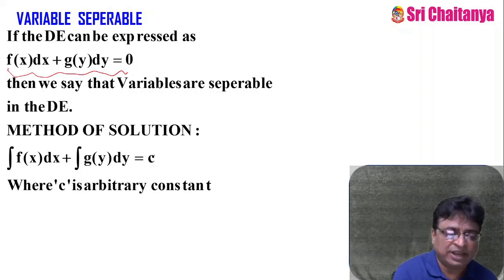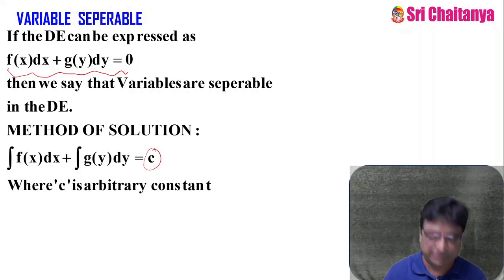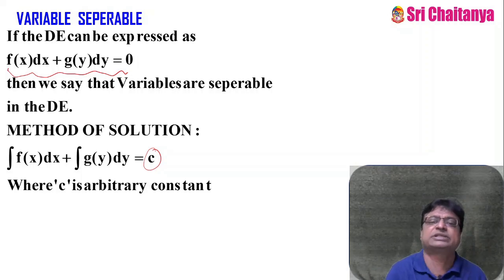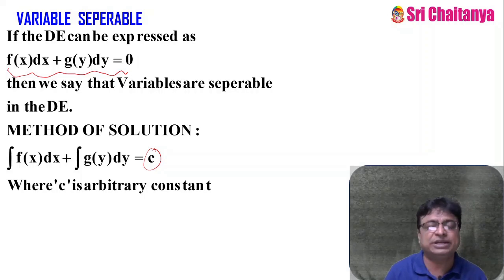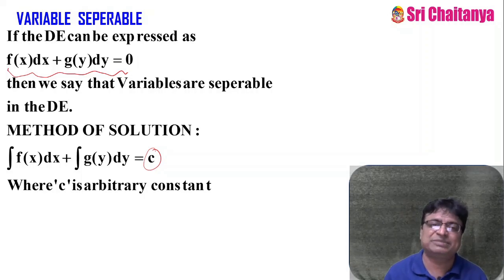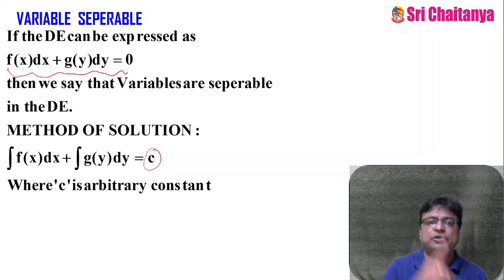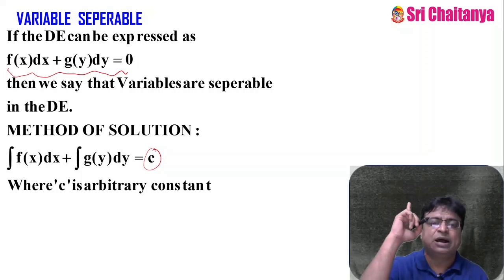I am writing c because after solving the integration we put the arbitrary constant c. Since it is first order, you write just c as one arbitrary constant. That is important. Please don't write several arbitrary constants. Order is important. As long as order is 1, the entire solution should contain only 1 arbitrary constant.